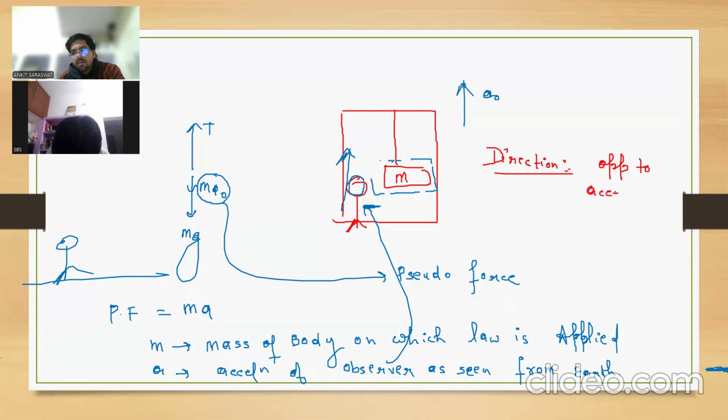Acceleration of observer. Okay, if observer is going up with a naught acceleration, then pseudo force will be like this: M a naught. Clear? Understood? Any doubt in today's lecture?